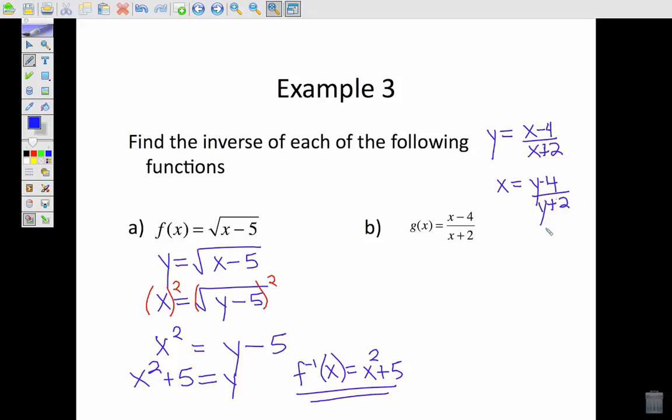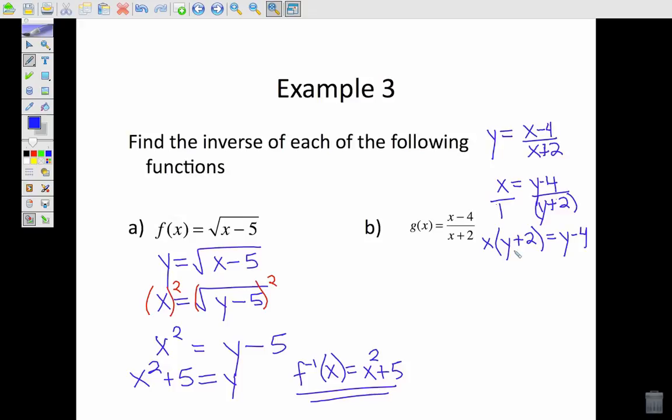We have to figure out how to get the y's on the same level and on the same side of my equation. The only way to get rid of this fraction is to treat this like a proportion, and we're going to cross multiply. So we've got x times (y plus 2) equals (y minus 4) times 1, which is y minus 4.